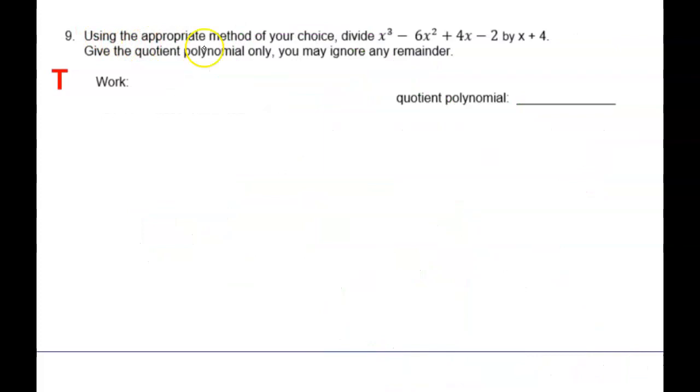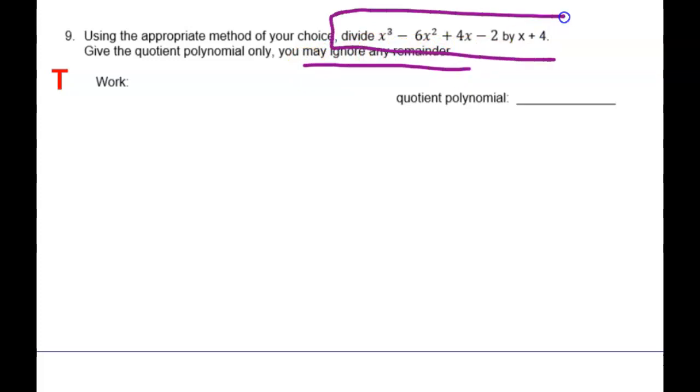All right, using the appropriate method of your choice, divide this. You may ignore any remainder. Can I use synthetic here? Yes. If you had to use long division on the test, I would do it with long division for you to remind you how to do that, but you don't, so I'm just going to stick with synthetic to save time.